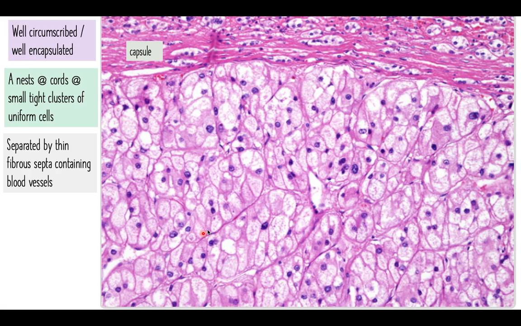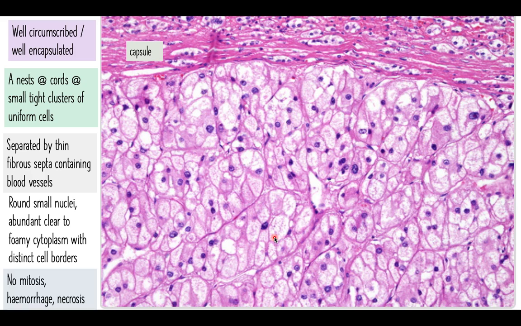You can see within these thin fibrous septa, there are thin blood vessels. The nuclei are round and small, and the cytoplasm is abundant, clear to foamy, with distinct cell borders, and there is no mitosis or hemorrhage seen.